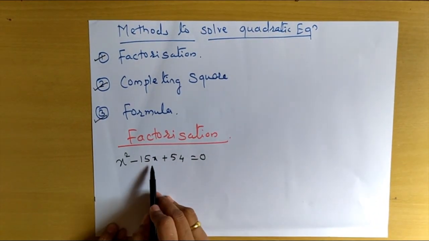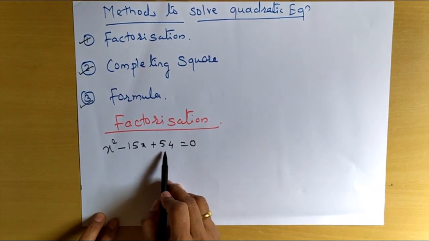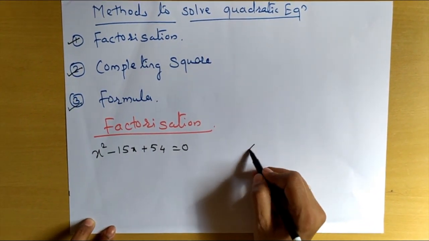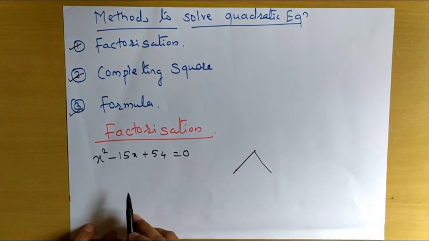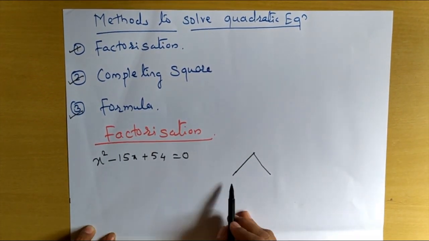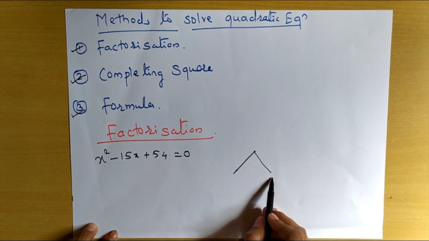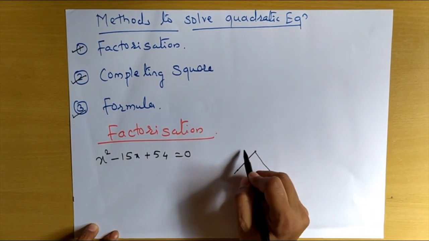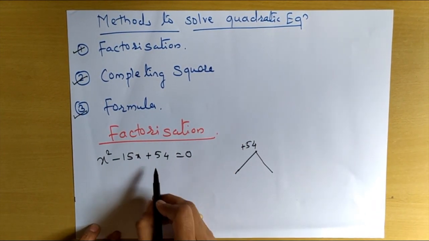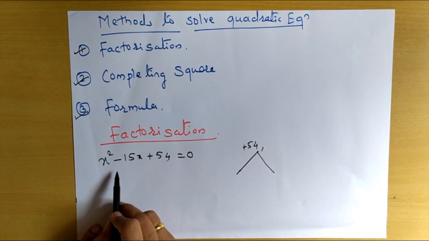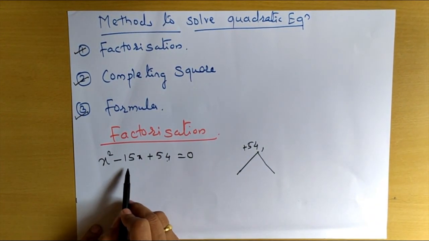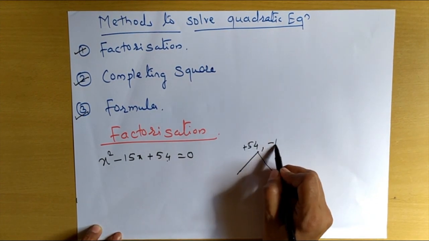x square minus 15x plus 54 equal to 0. Now you must be knowing that first we draw the tree diagram, where we have to find two numbers whose product is plus 54. This we have to consider for the product, and the addition or subtraction of those two numbers is minus 15.